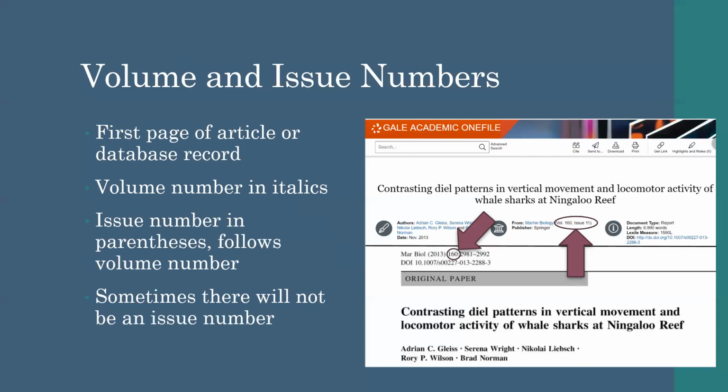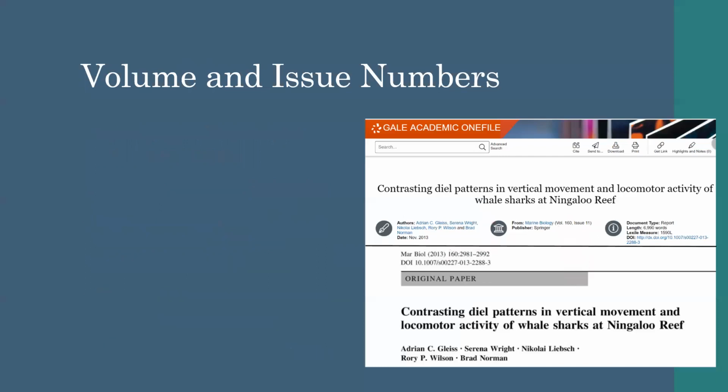Sometimes there will not be an issue number. If this is the case, simply leave it out and end with the volume number. Follow the volume and issue, if given, with a comma. In our example, the volume and issue numbers will be written as 160 in italics, open parentheses 11, close parentheses, comma.